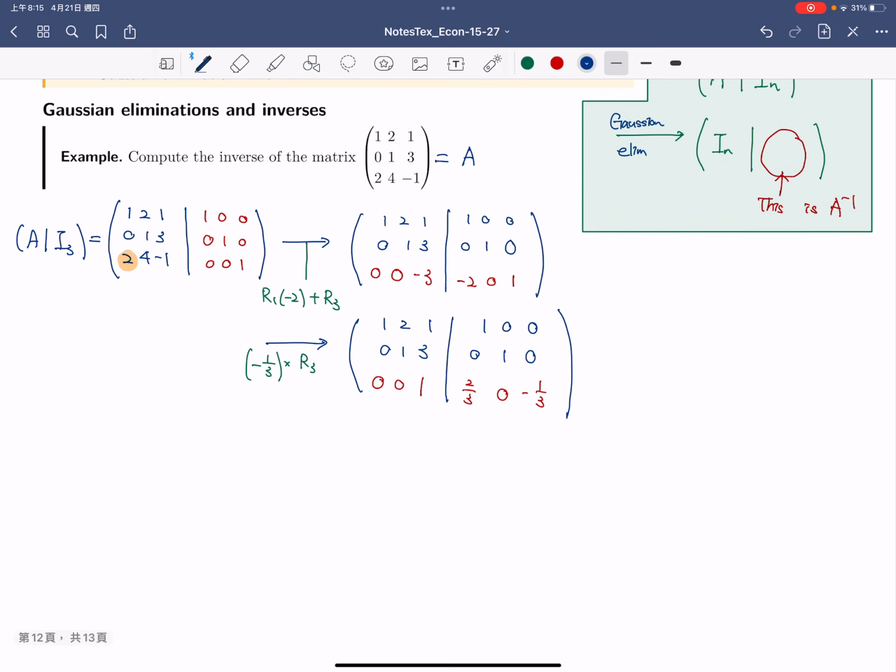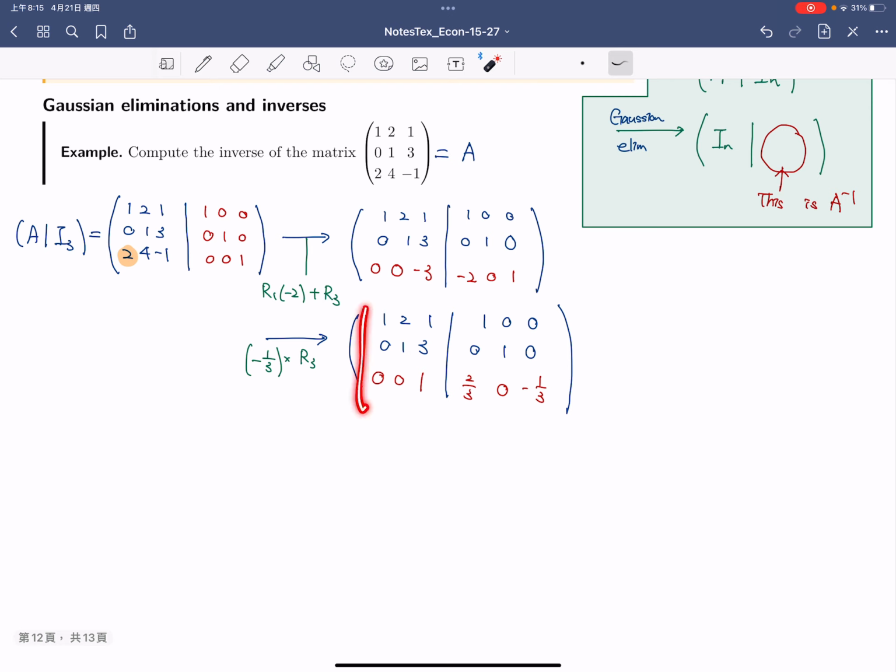Okay? Although this is in row echelon form, this is not the end because this is not the identity matrix yet. So we have to do further. So what we're going to do is we want to make these 3 entries become 0. Then I will get an identity matrix. So let me kill this 3 first, okay? Because I can use this 1 to kill the 3 and kill the 1 here.